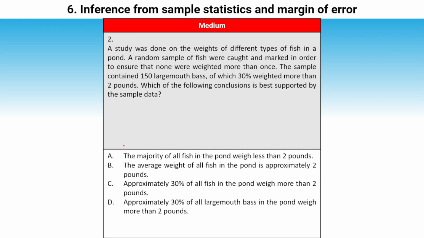So let's move to the next one. Okay, it's medium. A study was done on the weight of different types of fish in a pond. A random sample of fish were caught and marked in order to ensure that none were weighed more than once. The sample contained 150 largemouth bass, of which 30% weighed more than 2 pounds.